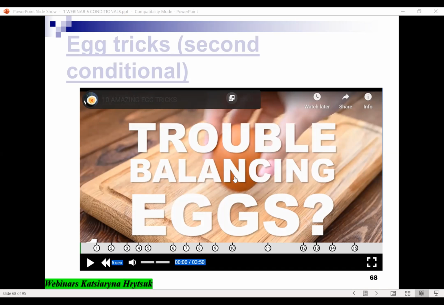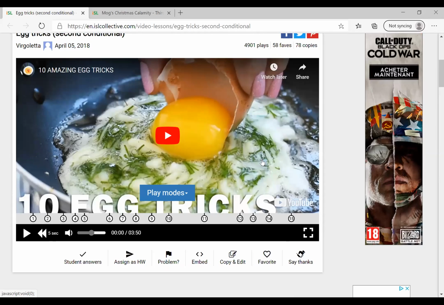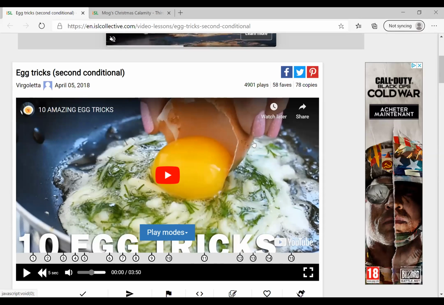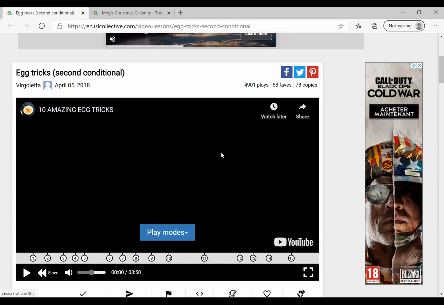Okay, let's see here. So, egg tricks. 10 interesting egg tricks with the second conditional. If, had, main clause, would. Let's go.